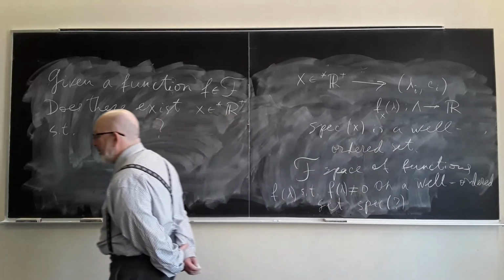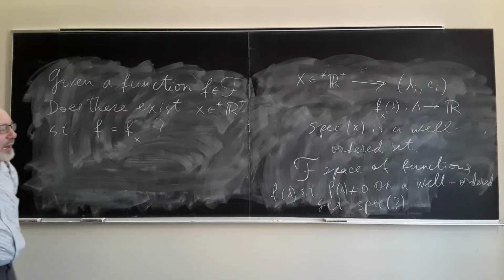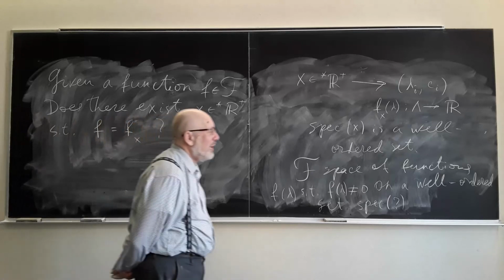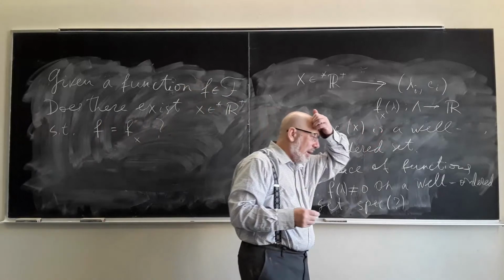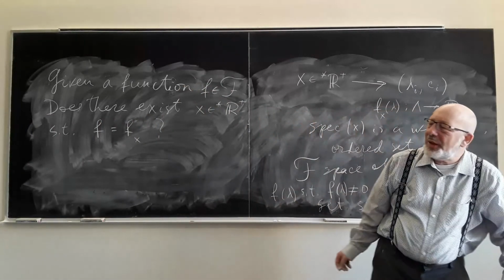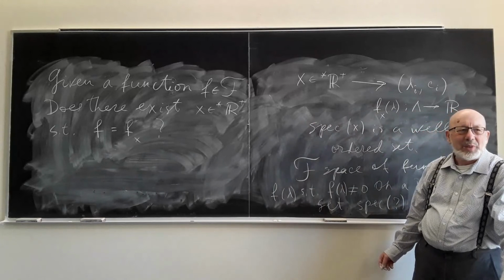In general, it is not possible. And what can be done? We can return to basics and construct another model, a wider, extended model of our universe, such that this is possible in that model.